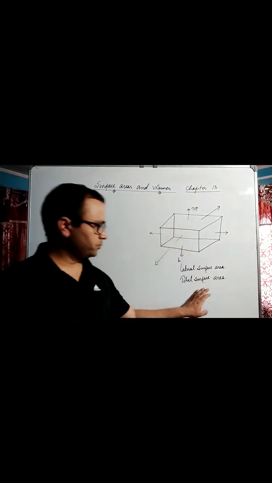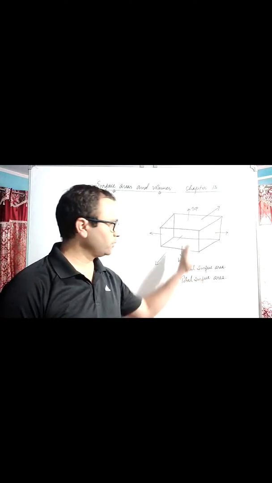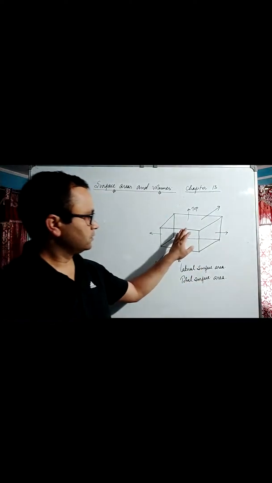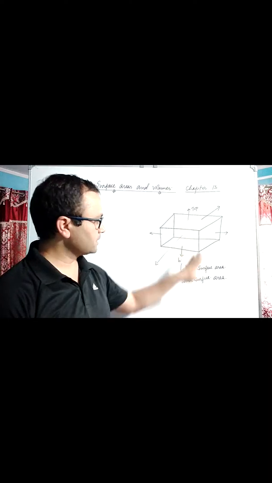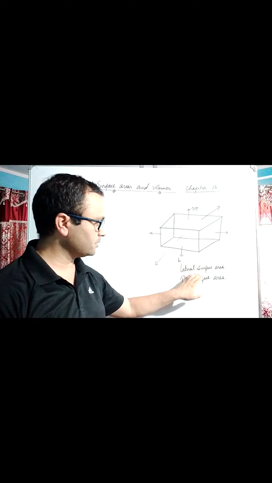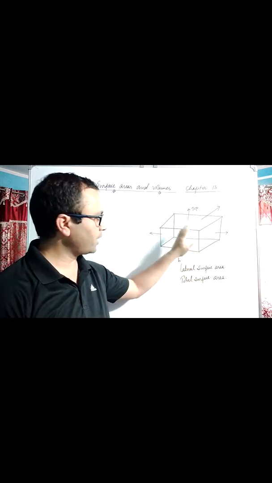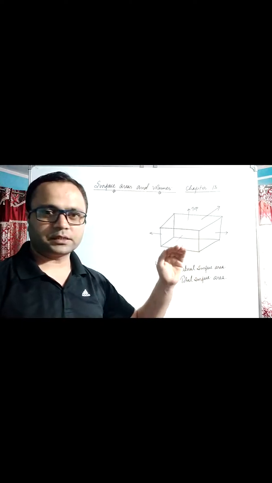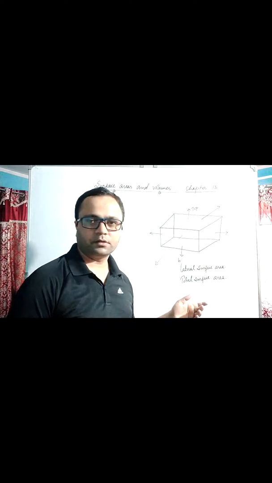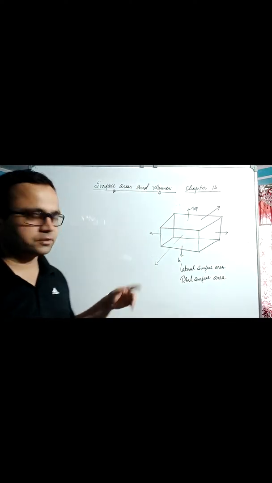Cuboid and cube have lateral surface area, but cylinder, cone, sphere, and hemisphere have curved surface area.